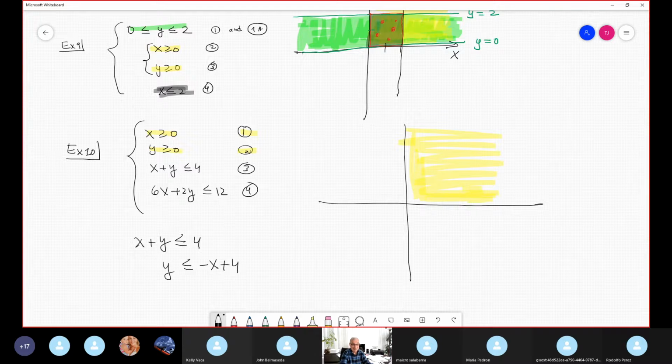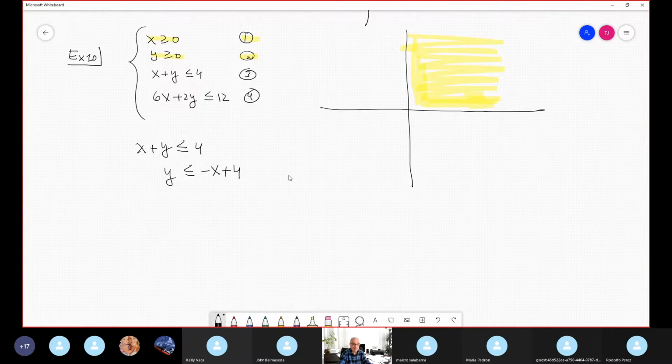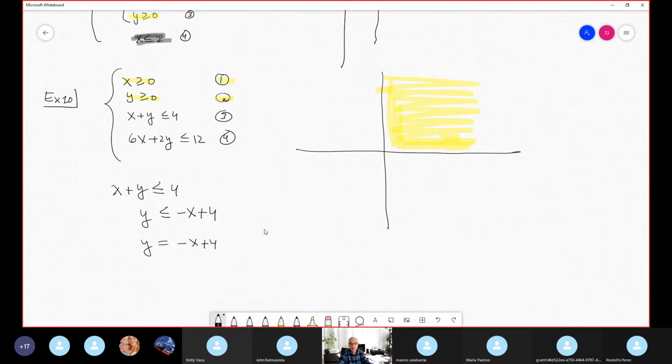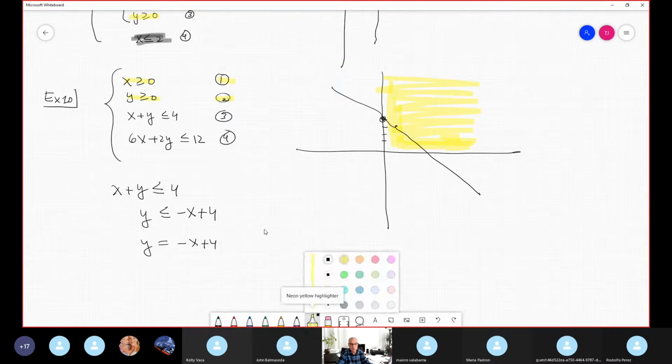The related line is y equals negative x plus 4. 4 is the y-intercept, and the slope is negative 1, going down 1 unit for each unit across. It's obviously a solid line, and you shade below because it's less than.